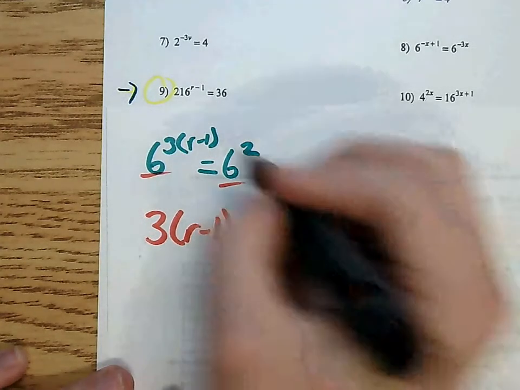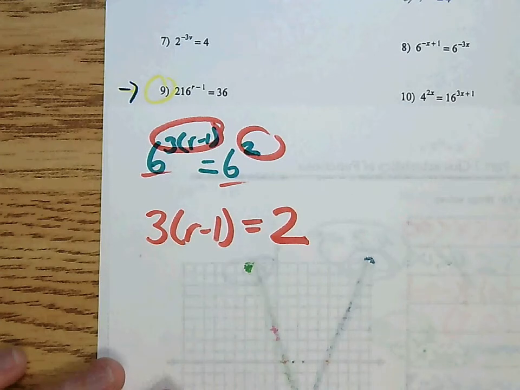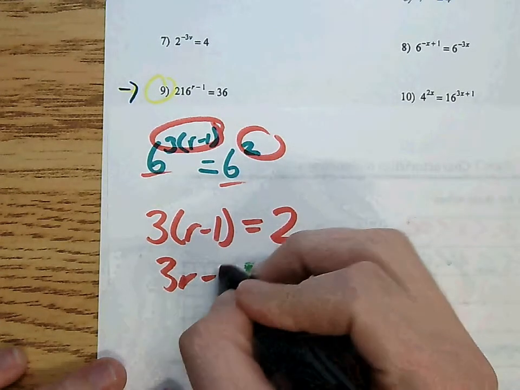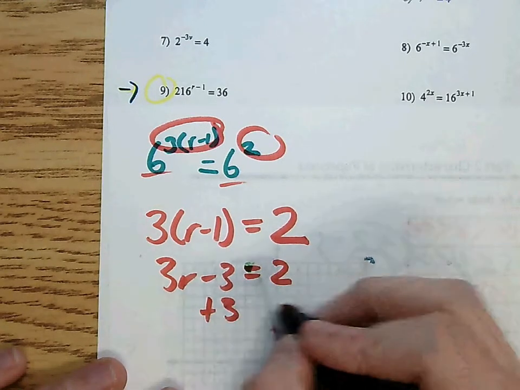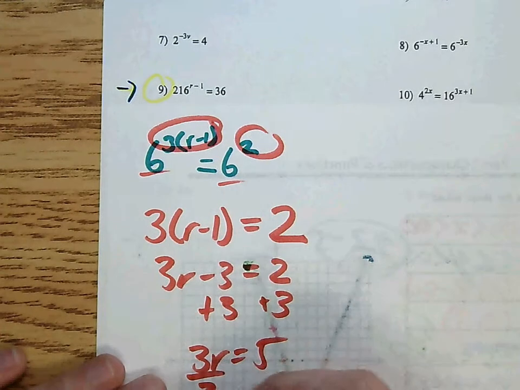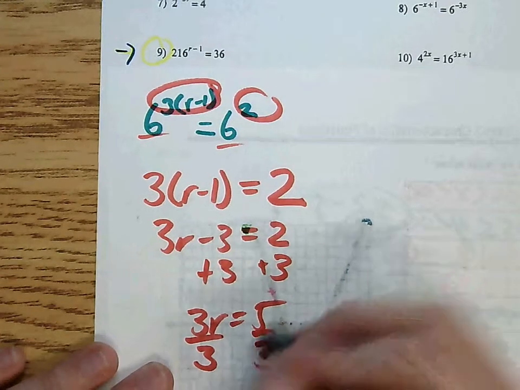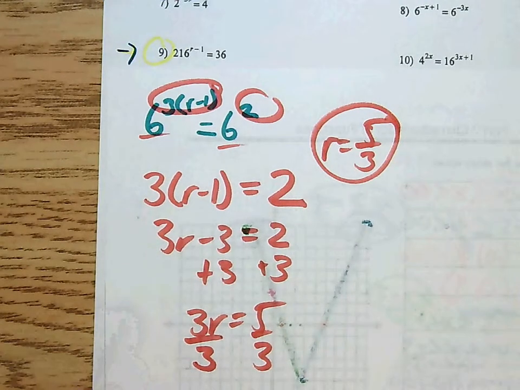From there, it is a linear equation. 3r minus 3 equals 2. Add 3 to each side. 3r equals 5. Divide each side by 3. r equals 5/3. Now, I told you before, don't be surprised when you get a fraction answer on one of these.